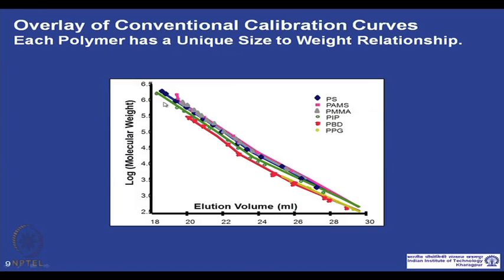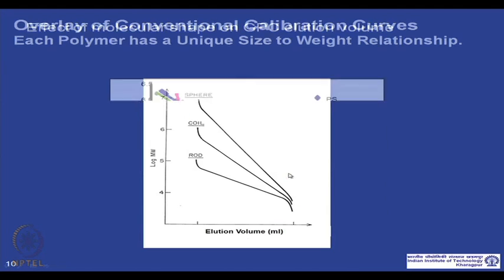This is a real example where several polymers are plotted, and you can see each polymer has a unique size to weight relationship. So, if you use one calibration for the other polymer, there will be error.